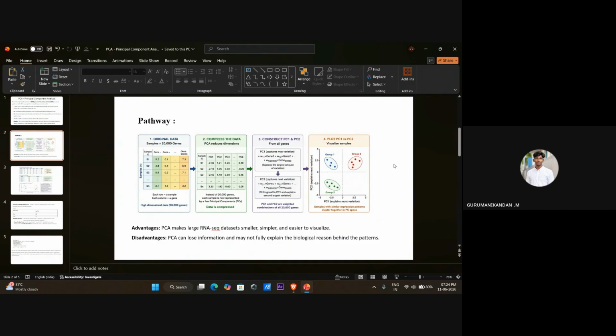And for PC2, there is a different expression we are taking, apart from the PC1 we took. This is called the second highest variation. Yes, that is correct.